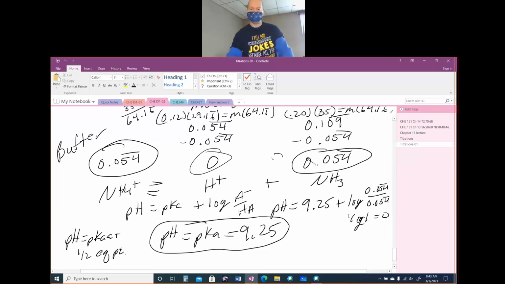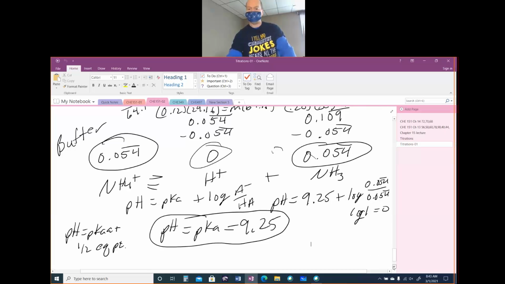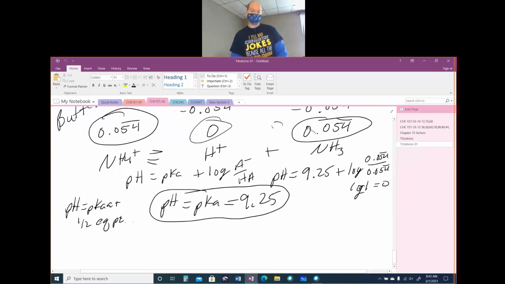Of course, the Ka will be given, and you just take the negative log of the Ka, and that is equal to your pKa, and that is equal to the pH at the half equivalence point.